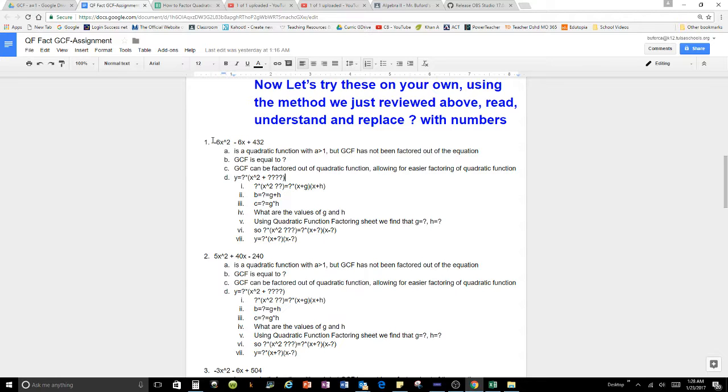I could have just given you this problem here and said, okay, factor this quadratic function into 2 binomials, such that when you multiply them together, they'll give you this back. So that's the procedural way, but we're trying to understand.